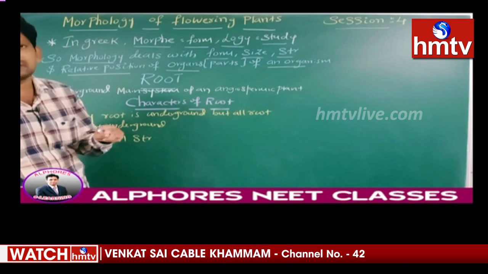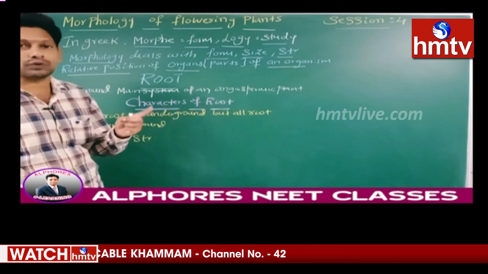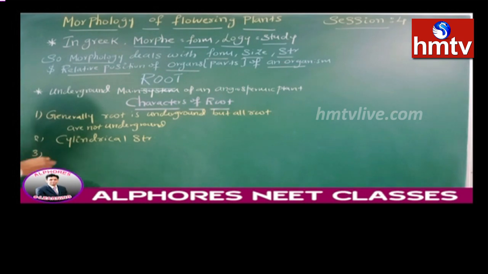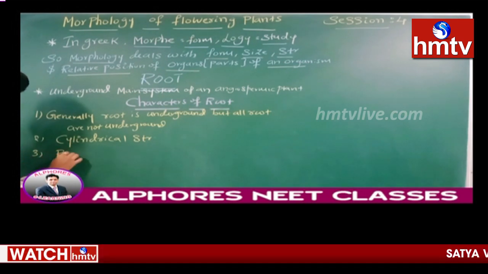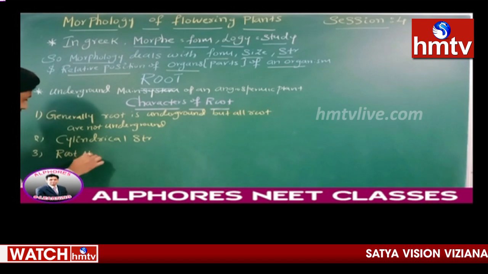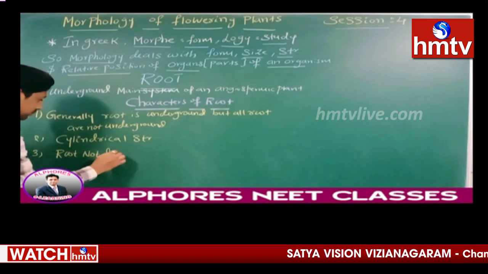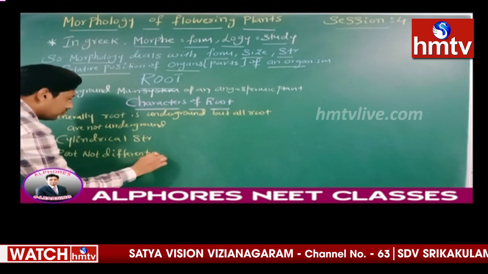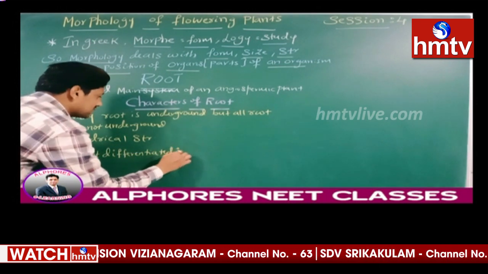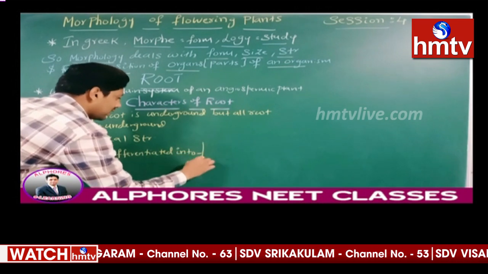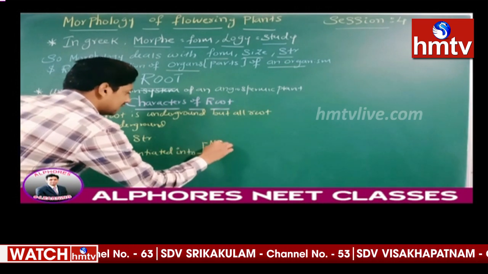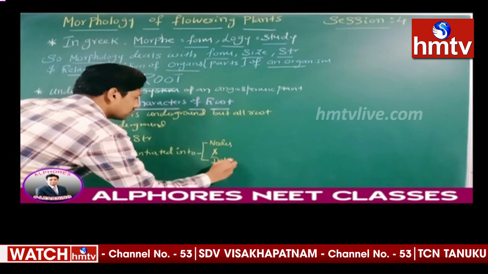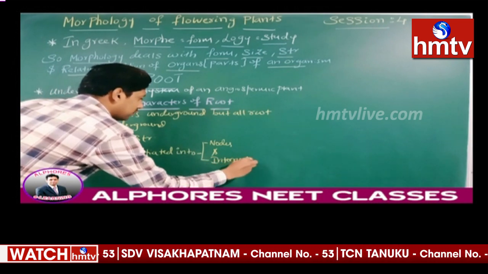Stem and branches are differentiated into nodes and internodes, but not a root. Therefore, number 3, root is not differentiated into nodes and internodes.